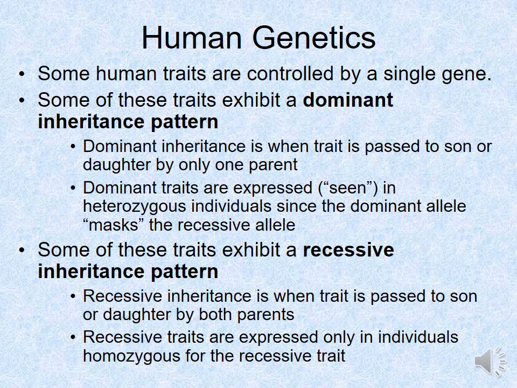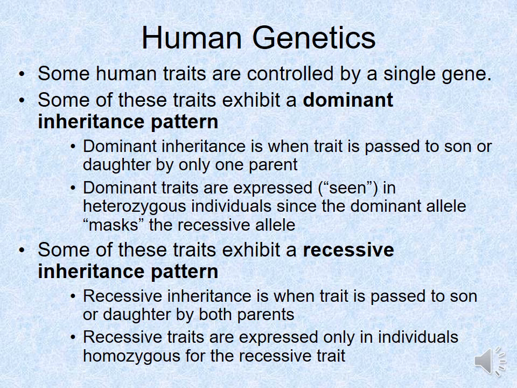Some of the traits are recessive, meaning that they are masked. Recessive inheritance is when a trait is passed to the son or daughter by both parents. So if a child is expressing the phenotype of a recessive allele, then that means they have to be homozygous recessive.